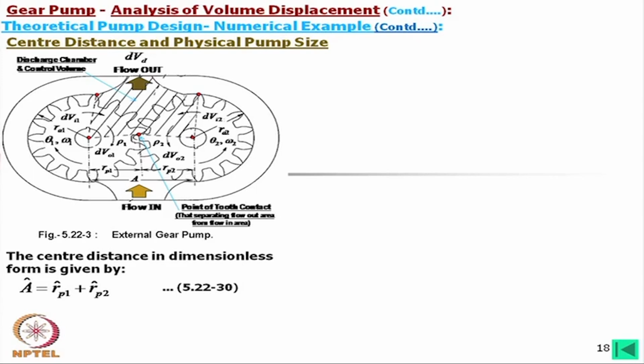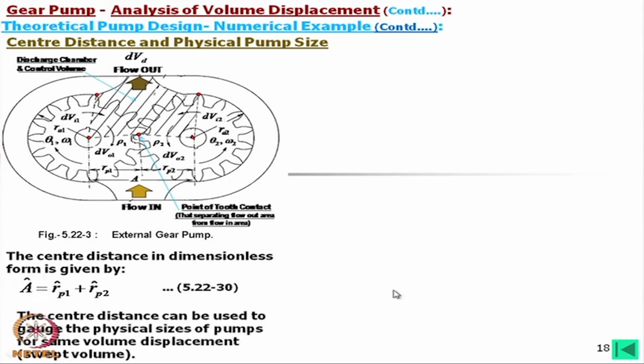Just mentioning the non-dimensional center distance, we can mention what might be the volume, because that will directly give us the non-dimensional flow rate. We can compare this non-dimensional flow rate with this center distance.